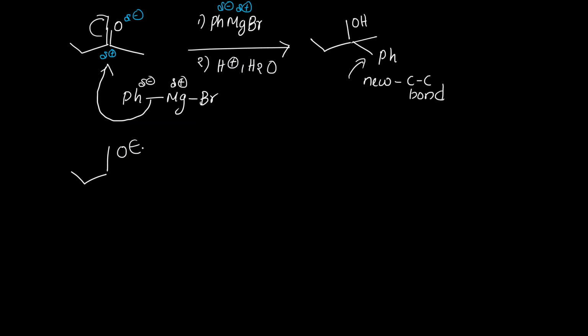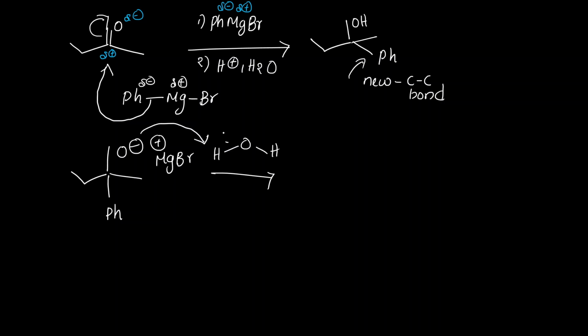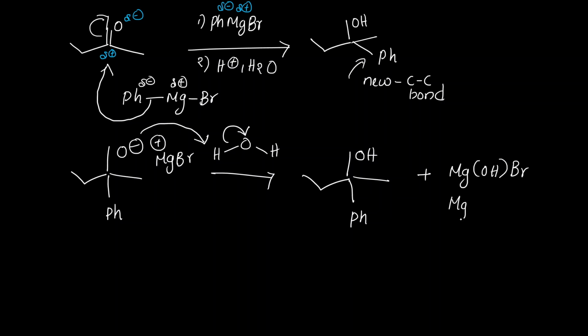So you will generate the O minus and you have the phenyl and you have the remaining magnesium bromide with positive charge that will stabilize the oxygen, and you add the water. So this O minus will attack here and you will generate the OH minus. So you will get the product OH, the new carbon-carbon bond here, with a magnesium salt as the byproduct.